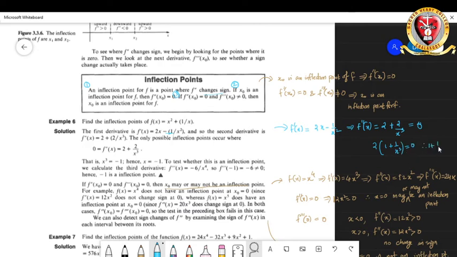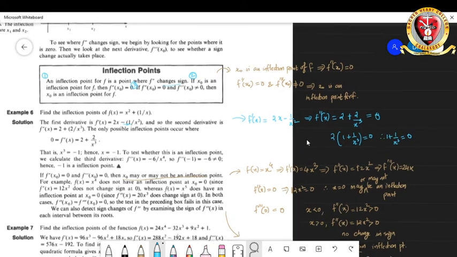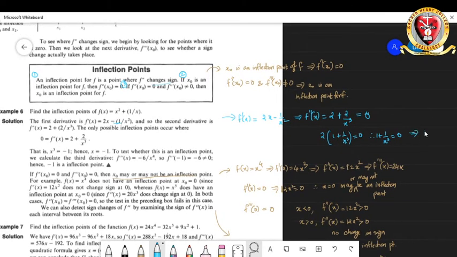Therefore, 1 plus 1 by x cube is equal to 0, which means that 1 by x cube is equal to minus 1, or what you get from there is x cube is equal to minus 1. Therefore, x is equal to minus 1 is the choice. So, x is equal to minus 1 is a possibility for inflection point.